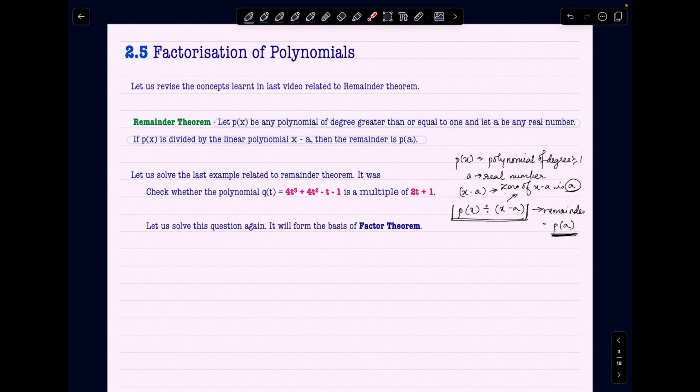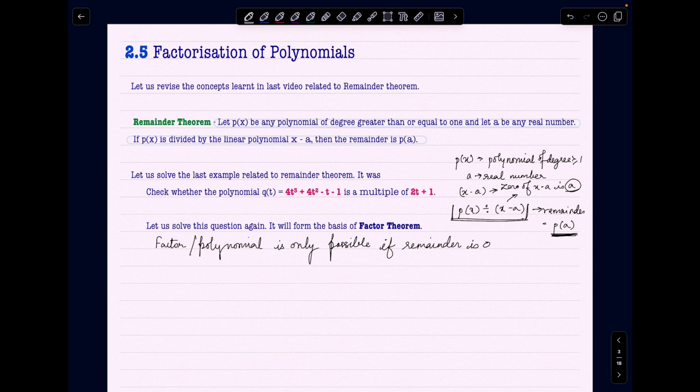Now in the last class we also checked how to find this. One question is given: check whether this polynomial is a multiple of 2t plus 1 or not. Let us solve this again for our revision. I have already said in the previous lecture that a factor of a polynomial is only possible if the remainder is 0.